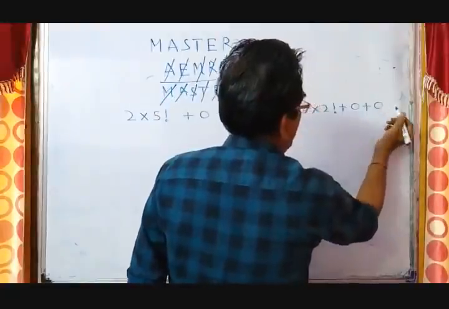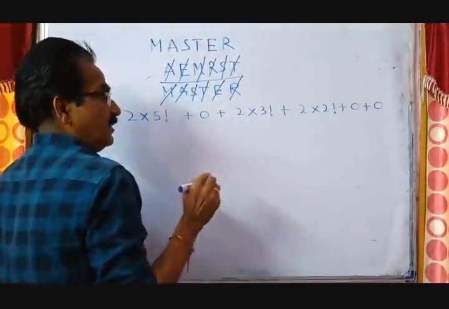Of course 0 into 0 factorial is 1, that is 0 into 1, 0.